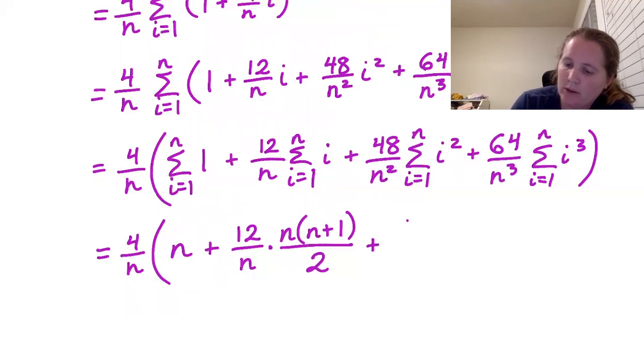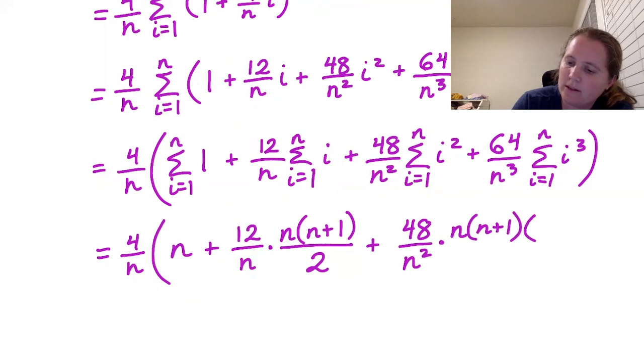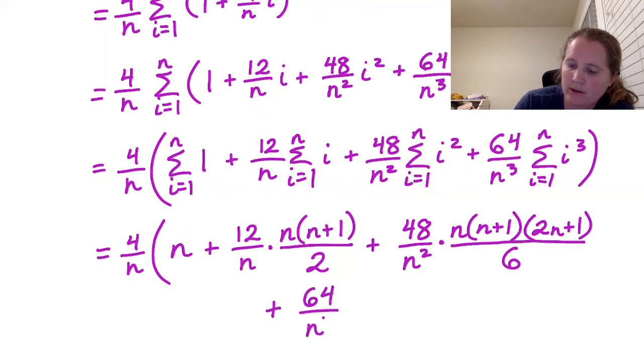Then we have plus 48 over n squared times n plus 1 times 2n plus 1 all over 6, and then plus 64 over n cubed times n plus 1 over 2 squared.